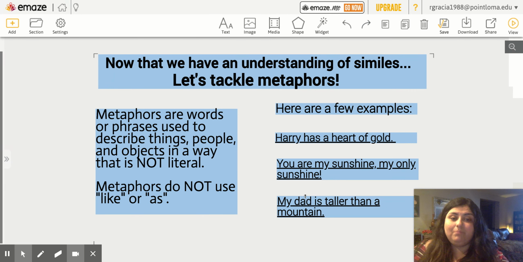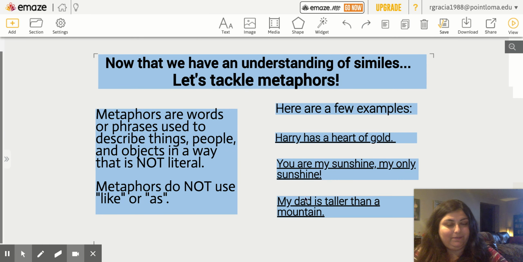For example, my dad is taller than a mountain. If that were even remotely true, that would be terrifying. However, I'm not speaking literally. I'm speaking metaphorically. By saying my dad is as tall as a mountain, I'm saying that to me, he's larger than life. But I'm being descriptive. Instead of just saying, my dad's tall, kind of boring.